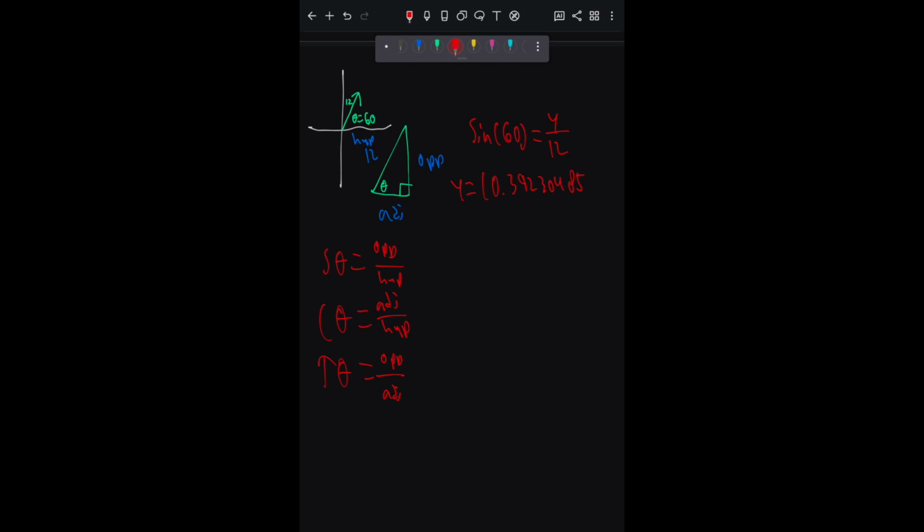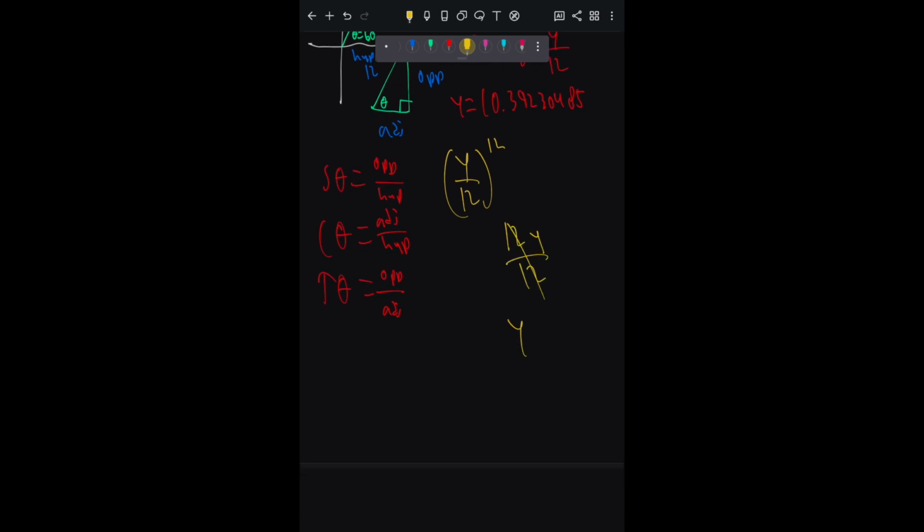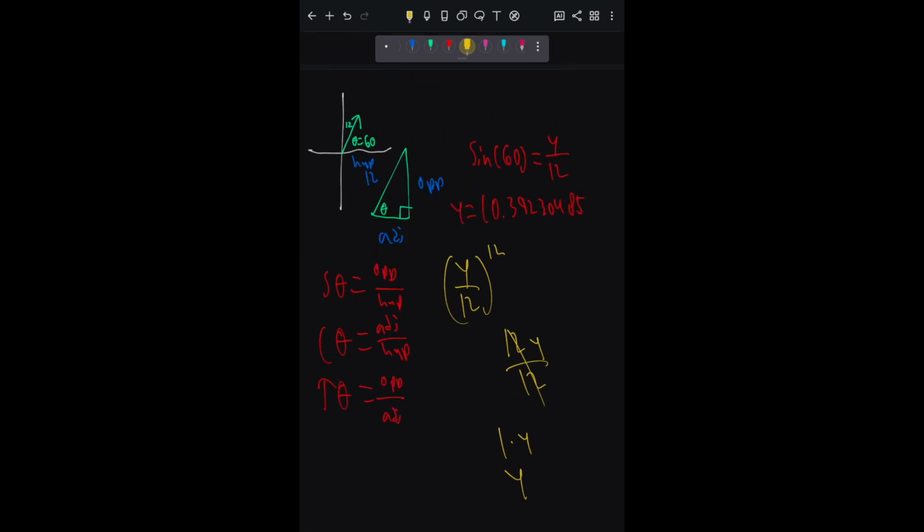Because let's think about it. You got y over 12. If you multiply it by 12, then that's 12y over 12, which just cancels out and gives you 1 times y, which is y.